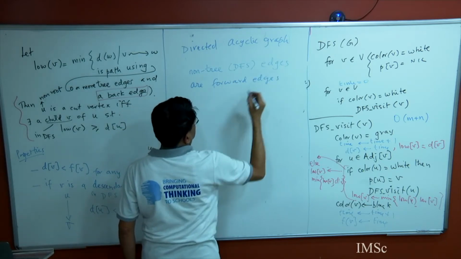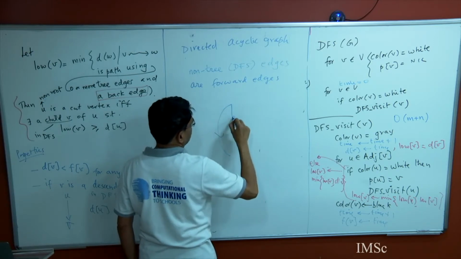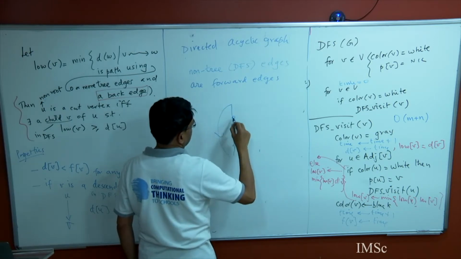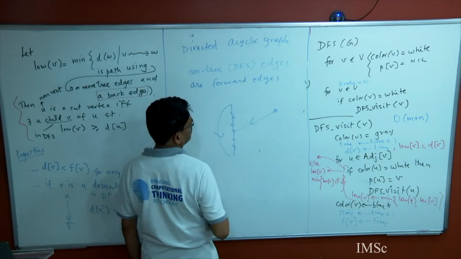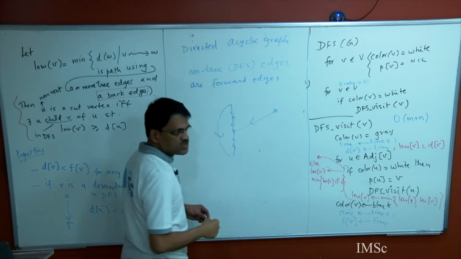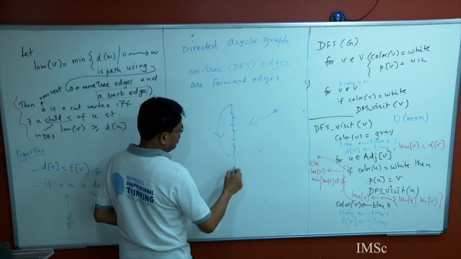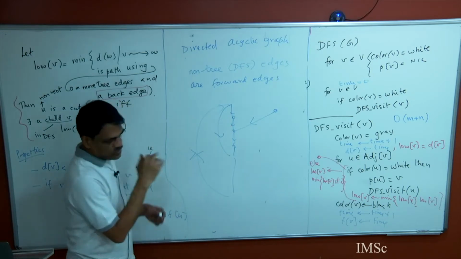That means you can have an edge like this, or maybe like this. You explored this, but this guy was already black, and you have an edge like this, but you cannot have an edge like this. Okay, so this is going to be useful.